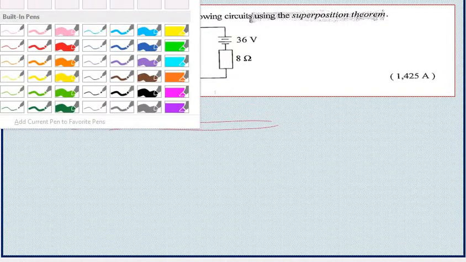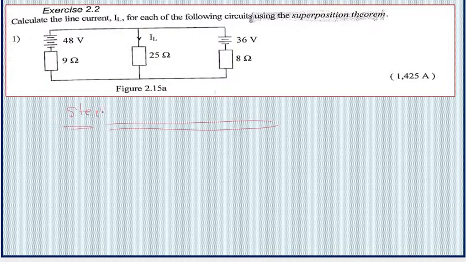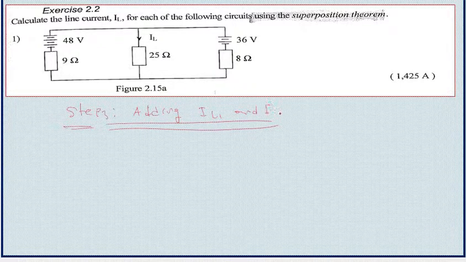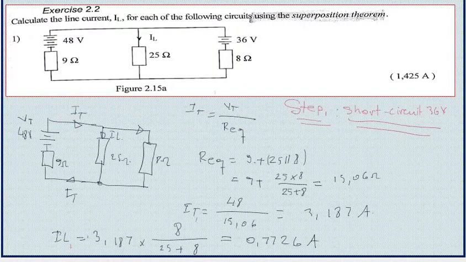So now the last step will be to add the two currents. We have step 3. We need to add the first load current and the second load current. The first load current was determined in step 1 and the second load current was determined in step 2. If I go to step 1, the current is 0.7726.